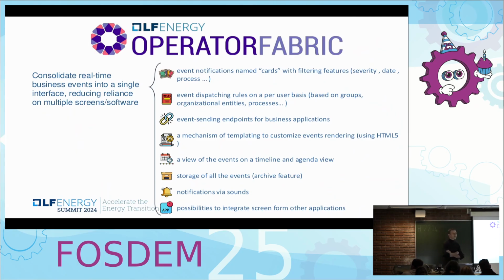Of course, we are not providing the events; it's business applications that are creating them. So we provide an API mainly to send events, and you can customize all the events using a template mechanism. I will not go further on other features.